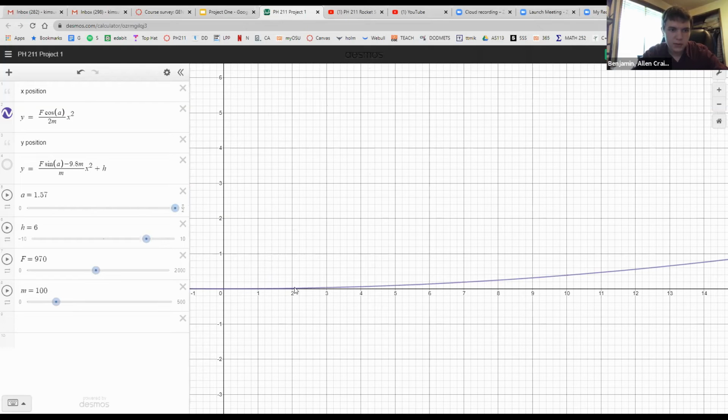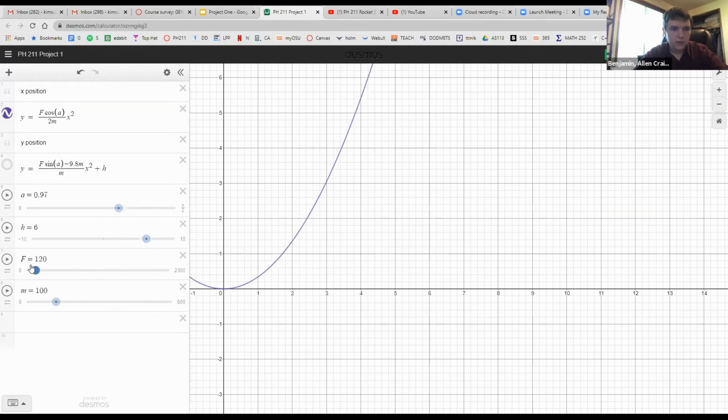It shouldn't be changing at all, because that would mean that the angle of thrust would be going straight down, and the rocket would just be accelerating only in the y direction. Another factor we can increase is the force. This is representing the force of thrust.